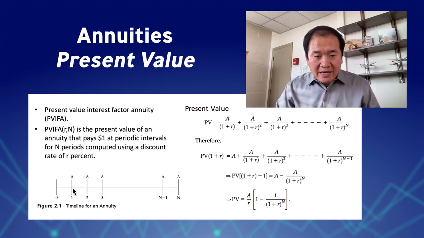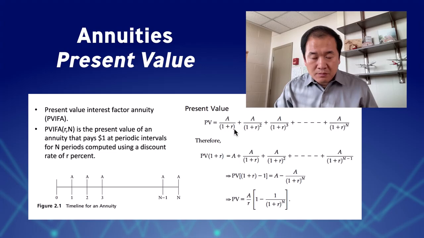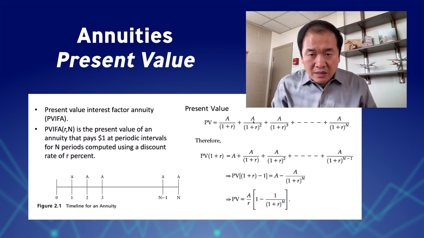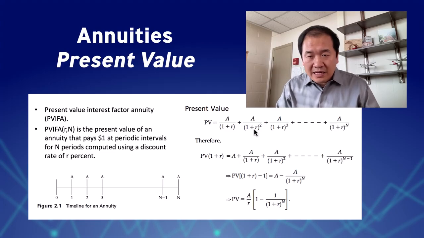You are making one payment at the end of the first period. Let's assume the interest rate is R. To convert this first-period payment A to present value, you divide it by 1 plus R. For the payment of the second period, remember from the previous sessions, you divide the payment amount A by 1 plus R to the power of 2.